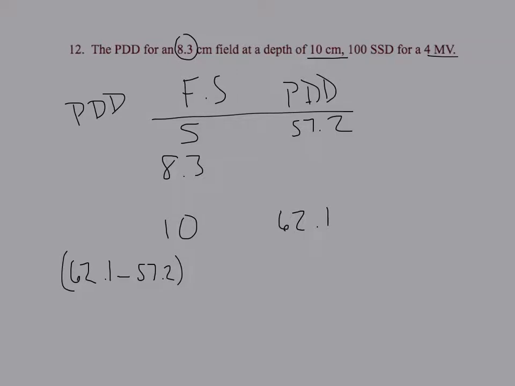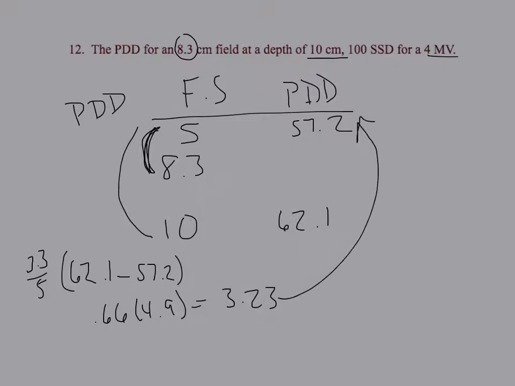I'm going to multiply that by a ratio of the difference between my first number and what I'm wanting, 5 and 8.3, which is 3.3, over the total range, which is 5. And when you do that out, you should get 0.66 times 4.9, which equals 3.23. I'm then going to take that 3.23, because that's the difference, and I need to add that to my initial percentage depth dose.